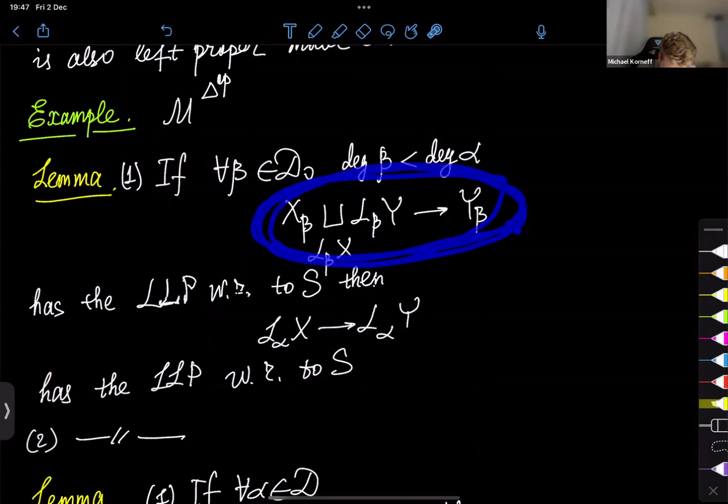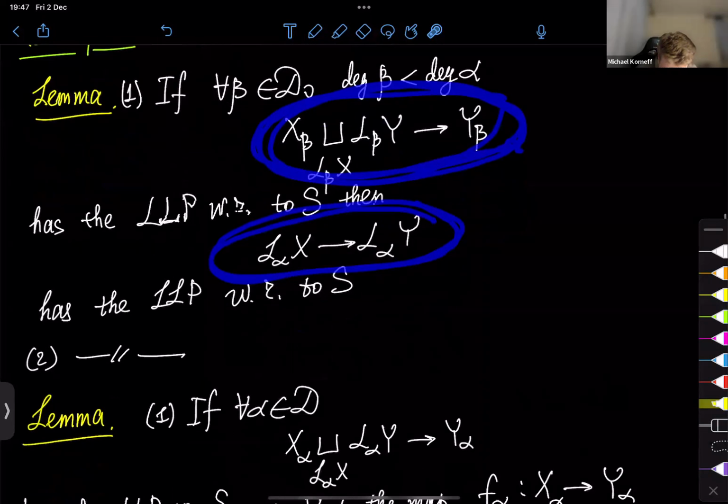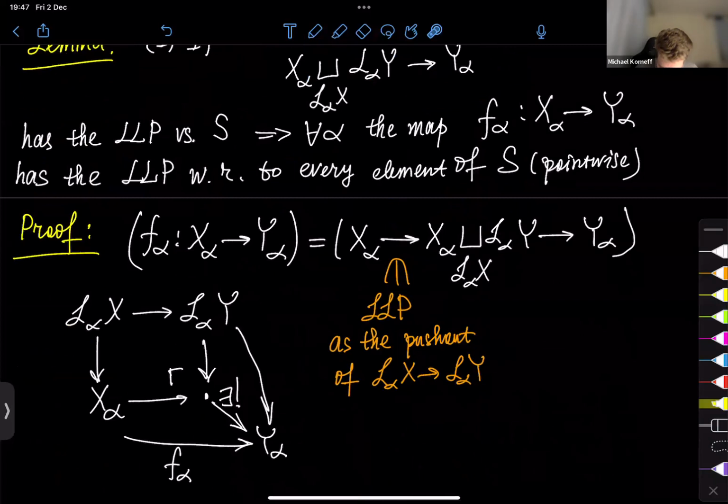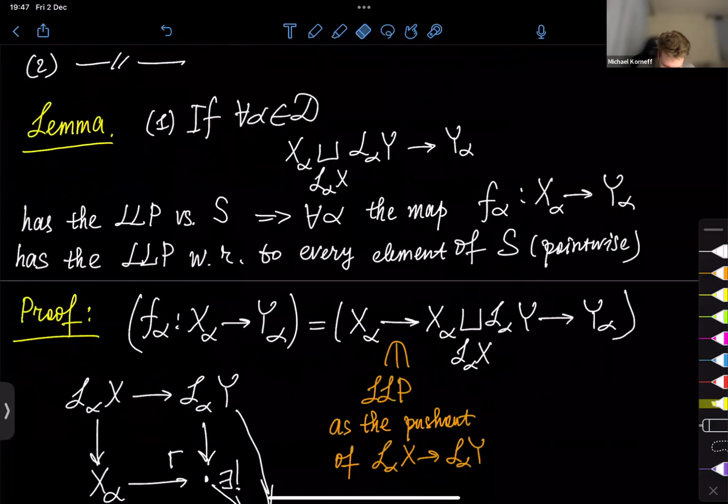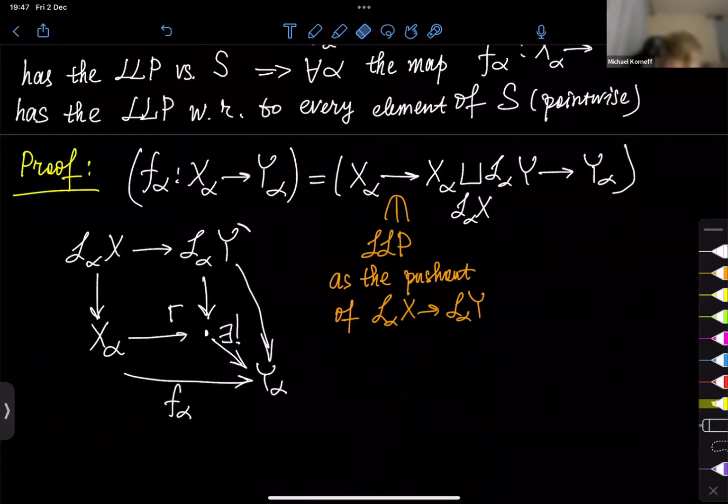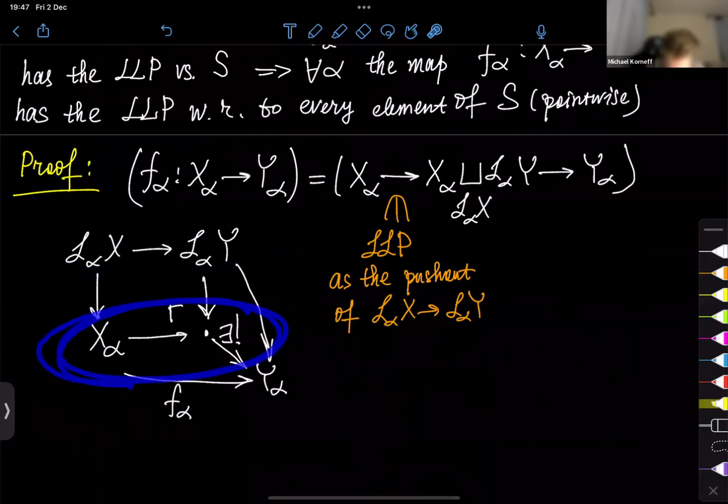Then we have the lifting property here. So this arrow has the left lifting property, and the pushout we obtain the statement.